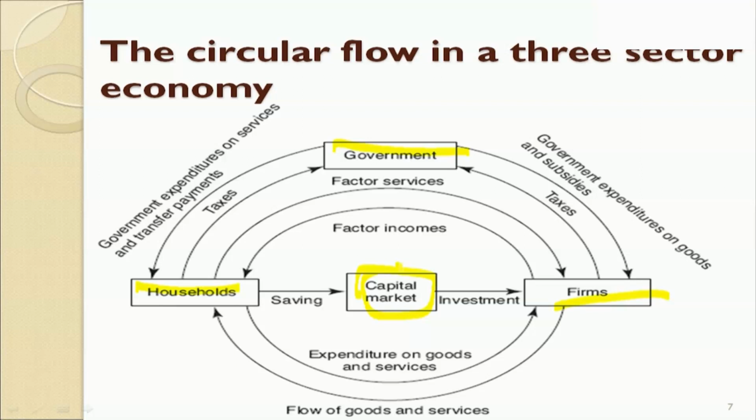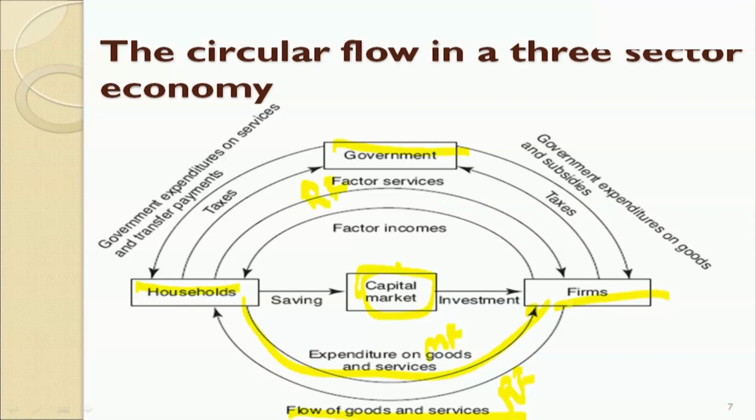So, you need to understand here, the rest of the flows are common. What are the rest of the flows that are common? The household purchases goods and services, that is the expenditure on goods and services, whatever money is spent. You are aware the expenditure on goods and services is a money flow, and for that the firms are transferring the flow of goods and services, a real flow, and the household renders the factor services, which is a real flow.